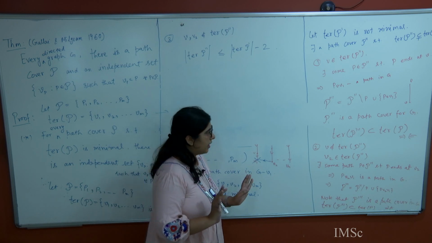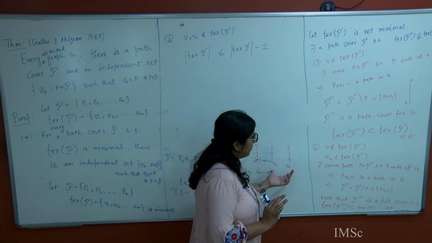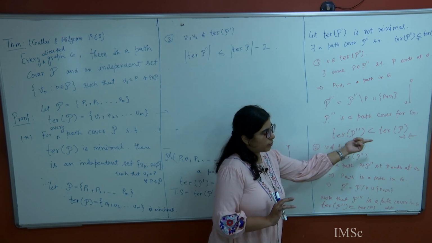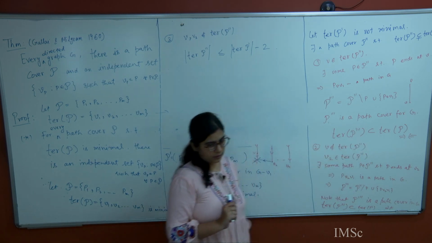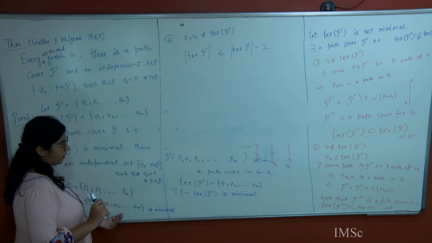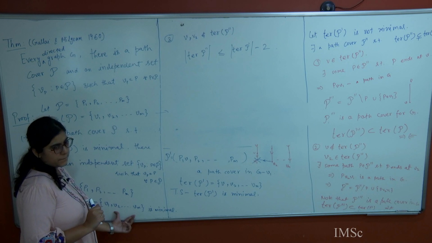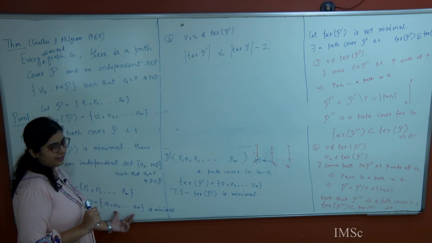That is where we get the contradiction, that this terminal set is a proper subset of Terp, because Terp contains V1 and everything else. Is it okay?